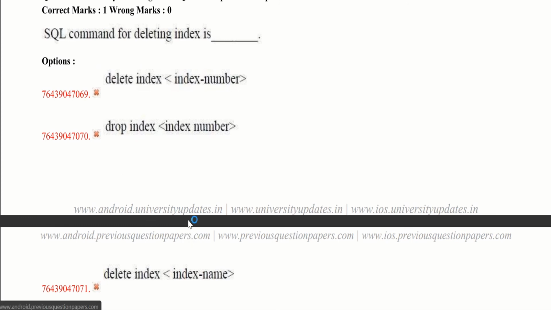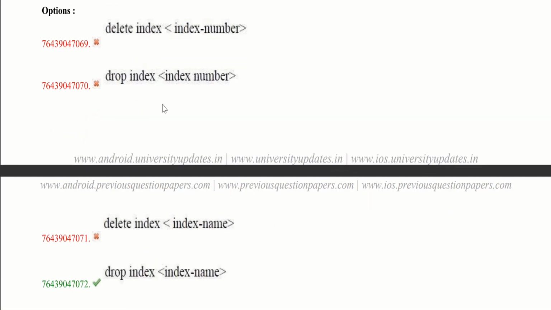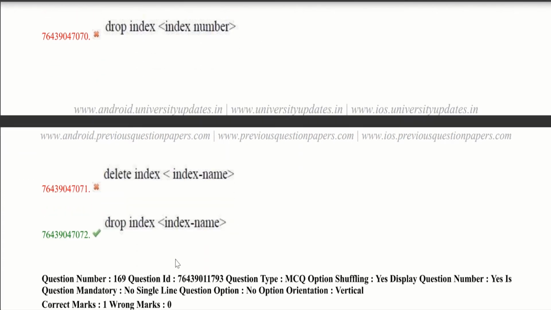And secondly, indexes have index names, not numbers. So according to that, the second option is also invalid. And the remaining one is the correct way of dropping an index. So the correct option is 4. This is the syntax for dropping an index.